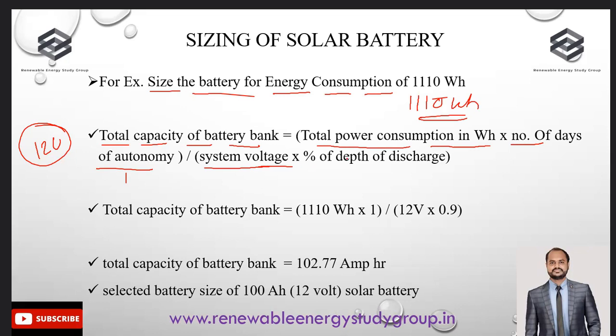This value should be multiplied by the percentage depth of discharge. It means that every battery has a defined percentage depth of discharge, which tells how much of the battery power we can utilize. Let's say a battery has 90% depth of discharge.